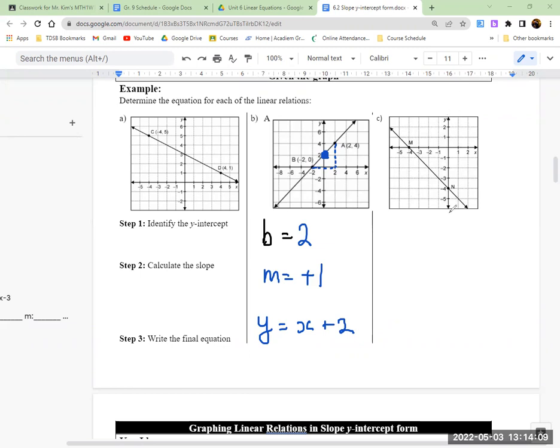Next, for part C, my y-intercept is right there. It is a 0, -4. It's on the y-axis. So my b value is going to be -4. That's my initial value based on our graphing. My slope, I don't have the number itself, but I do have this point, and I do have the point -4, 0. If you remember, the x value comes first, the y value comes second.